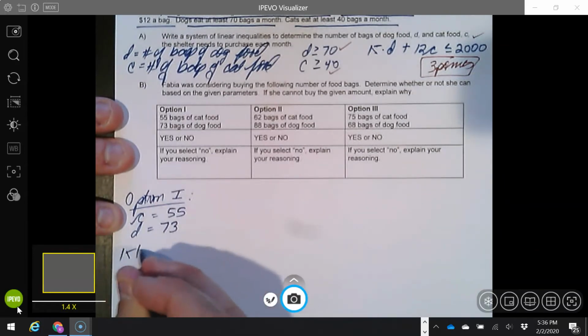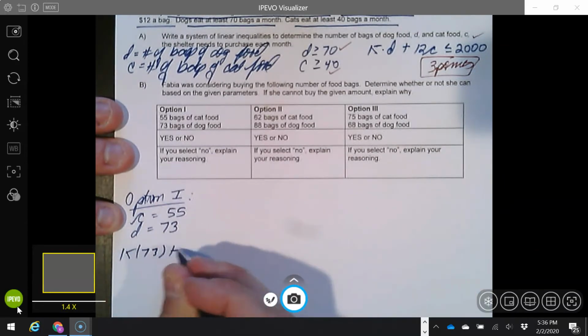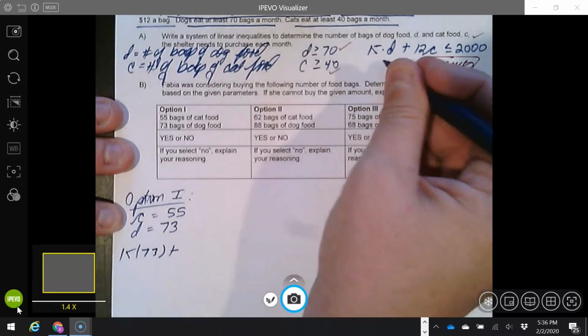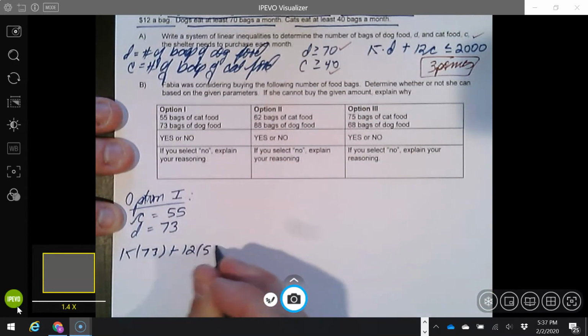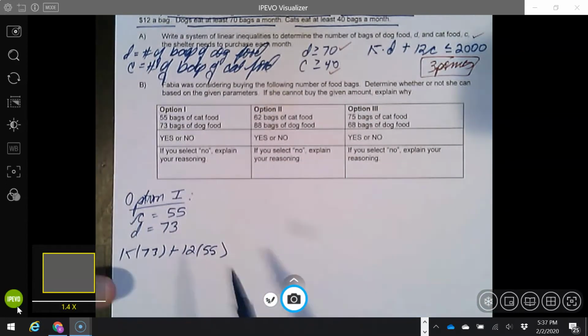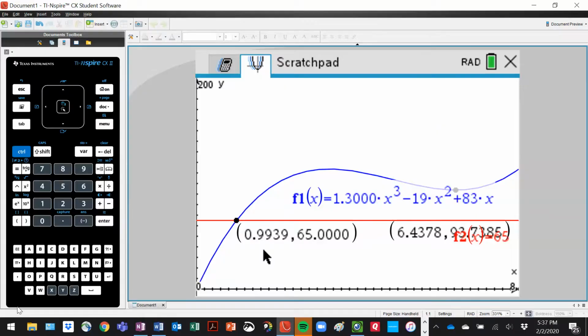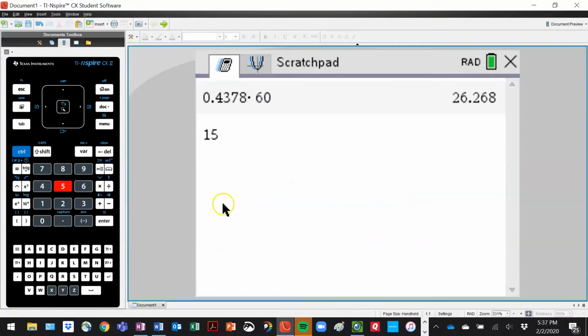So I'm asking 15 times 73 plus 12 times 55. Now, this is a calculator active question, so feel free to go on over to your calculator and just pop this in. Okay, we're asking 15 times 73 plus 12 times 55.